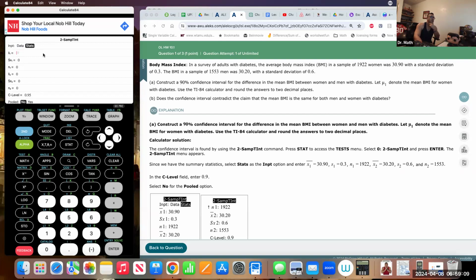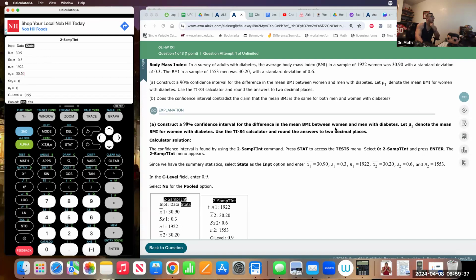Our X bar sub 1 was 30.9. S sub X was 0.3. Our sample size of the women was 1922. X bar sub 2, the second one right here, was 30.2. I hope you guys can see that.